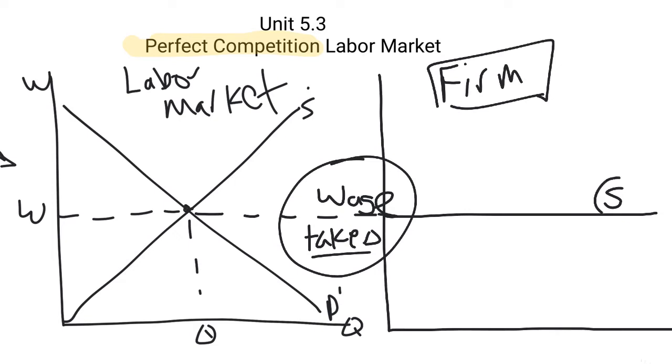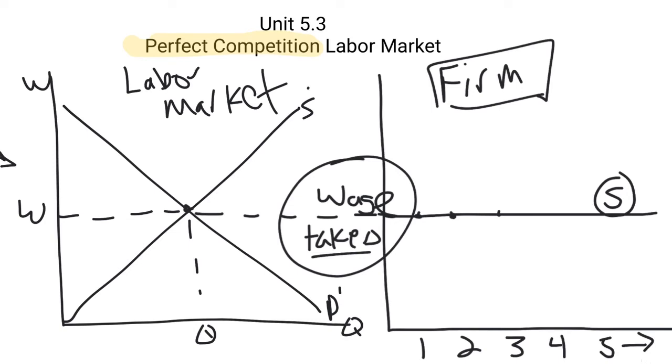And so this becomes the supply curve for workers for the firm. If they want to hire one worker, they can hire that one worker, they pay them the wage. They want to hire a second worker, they can hire that worker at the same wage. They want to hire a third worker, they can hire that third worker at the same wage, and fourth and fifth and continuing on. So there's this perfectly elastic supply curve for workers.